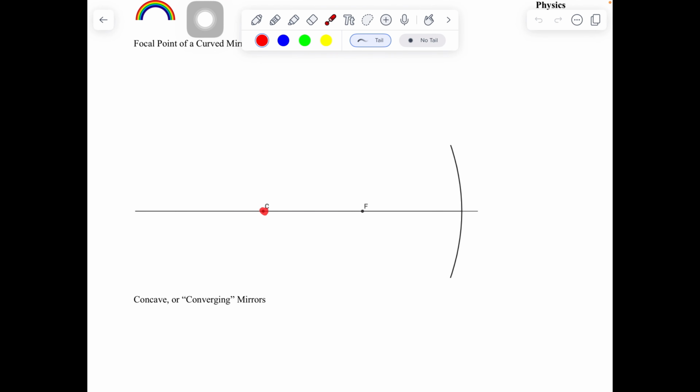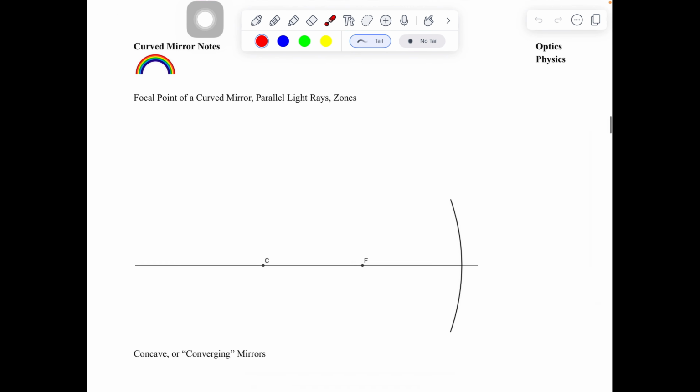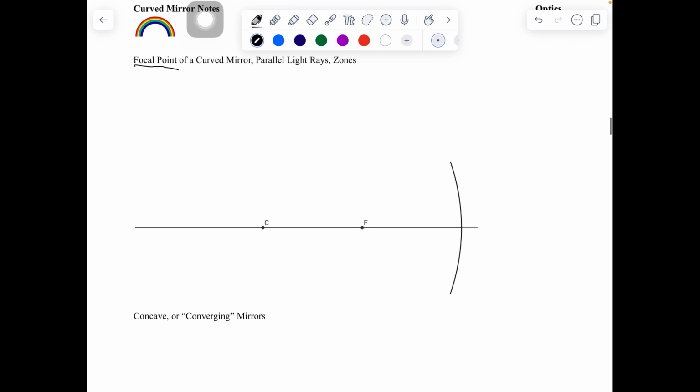The C is the center of curvature of the circle that makes the curved mirror, and this F is the focal point. The focal point is where light that comes in from far away is going to be focused. So if you have a ray of light coming in from up here, it hits the mirror, let's drag it down a bit so it actually makes contact with the mirror surface.